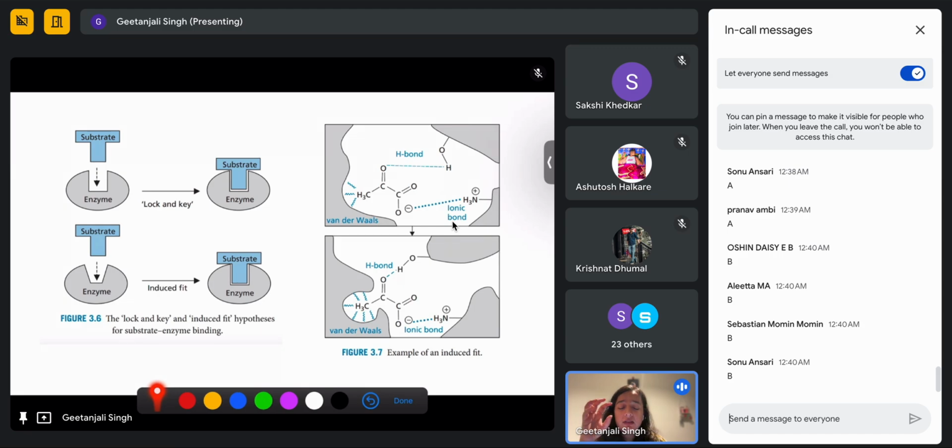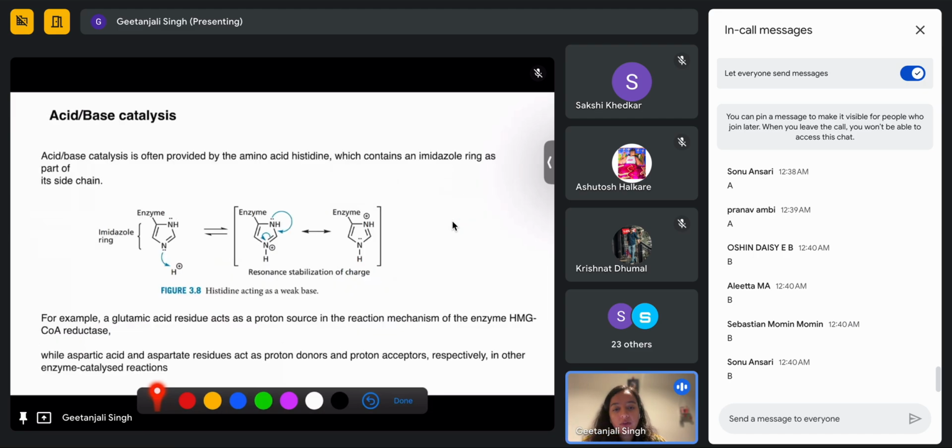Now, there are different ways in which this can go on. One of the very basic reactions is acid-base catalysis. Acid-base catalysis is often done when there is some kind of base present. We know there are a few basic amino acids, of which histidine is important.